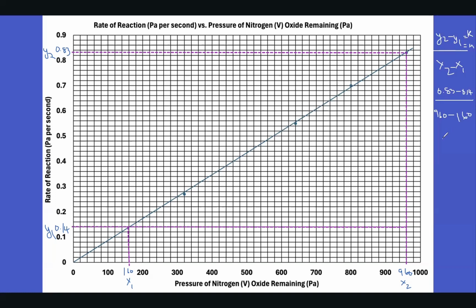So then I'm going to get 0.69 being divided by 800. And then when I do that through, I'm going to get a value of 8.6 times 10 to the minus 4 seconds to the minus 1. And that is my rate constant, K.